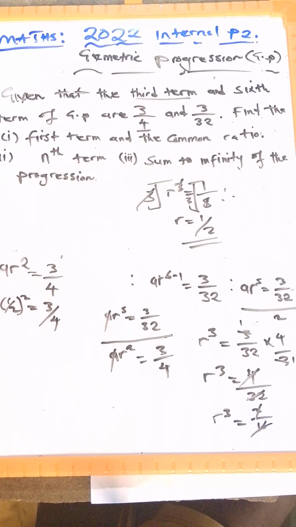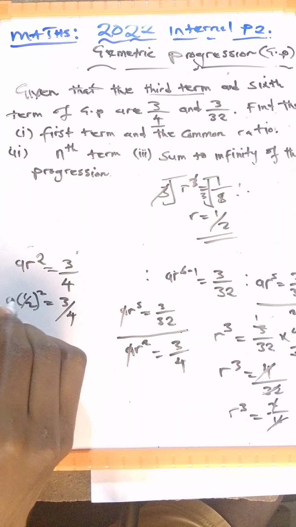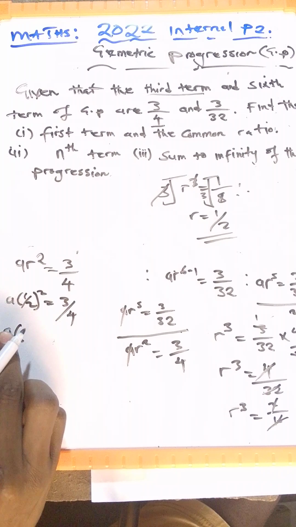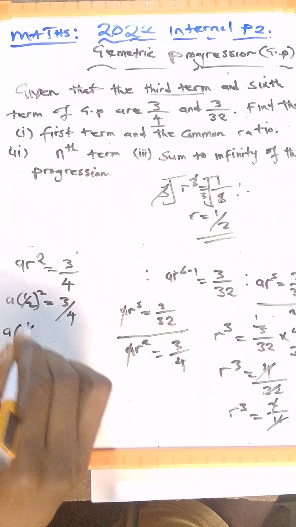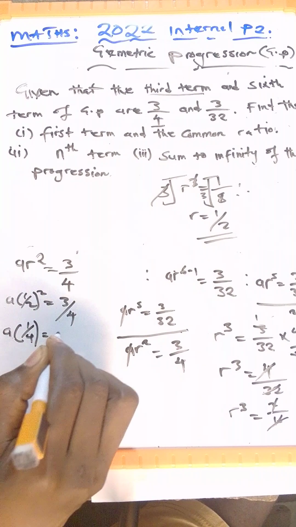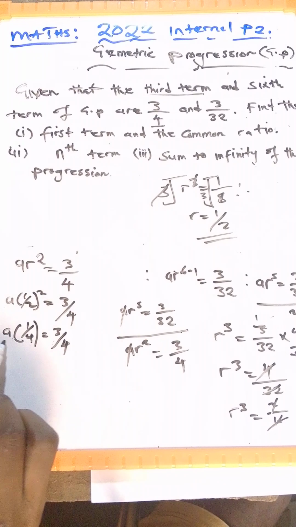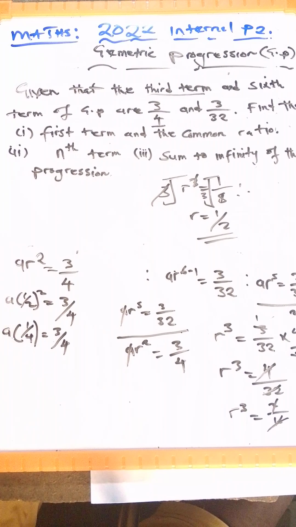Then from there, we can now say first term, which is a, then when you square 1, you get 1, then you square 2 to get 4, is equal to 3 over 4. For me to remain with a alone, I can do two things.